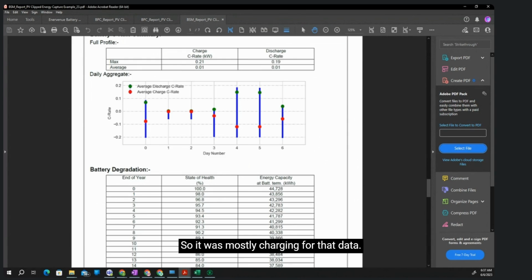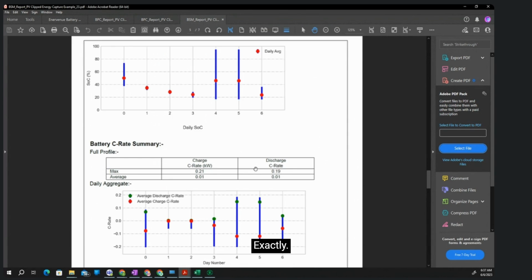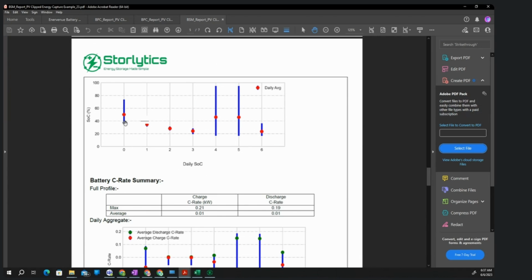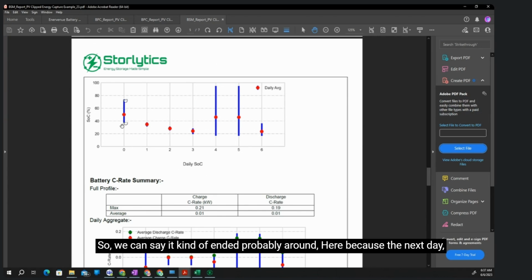So it was mostly charging that day, then. Exactly. So for this day, it charged and discharged 85% of what it charged. So we can say it ended probably around here, because the next day... 85% of what it charged, not 85% of the entire battery.